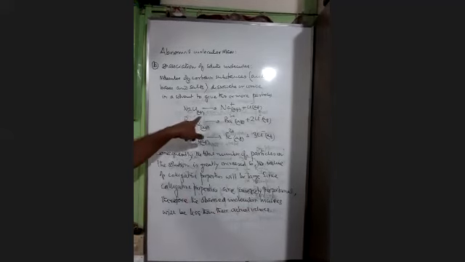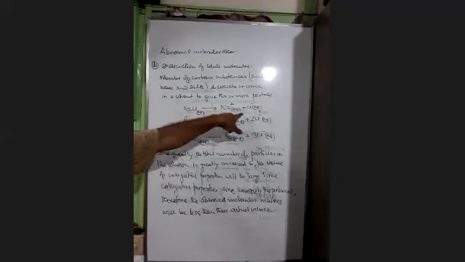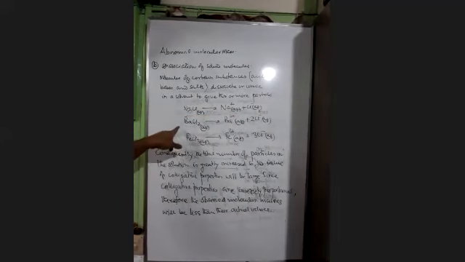So in this case, the molecular mass of sodium chloride is 58.5, but it will be half of the 58.5. This will be 1/3 of the actual molecular mass. This will be 1/4 of the actual molecular mass.